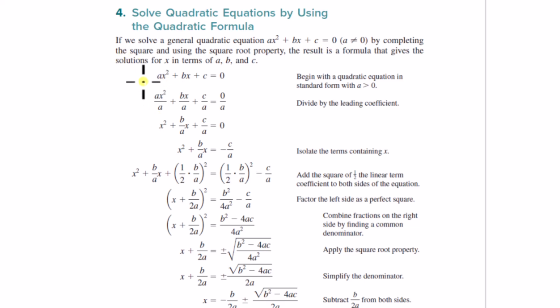It's exactly how we completed the square, just a little more confusing because you have all these variables. You start by dividing the entire equation by the leading coefficient, a. Then you bring the c over a to the right side, and then they complete the square. They create a perfect square trinomial out of these two terms, just like we did.